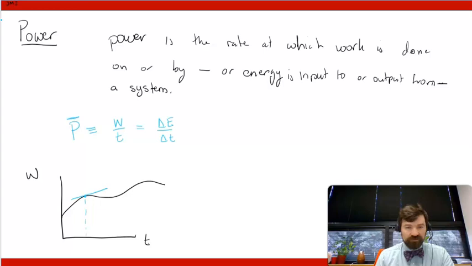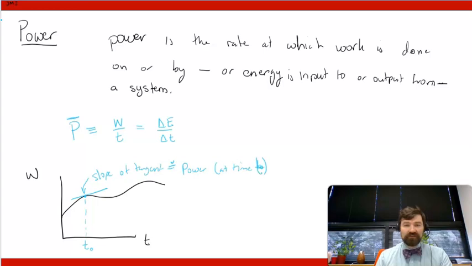So this is, let's say, T0 or T interest or whatever. So slope of tangent gives you power. Slope of tangent equals power, instantaneous. So at time T0.